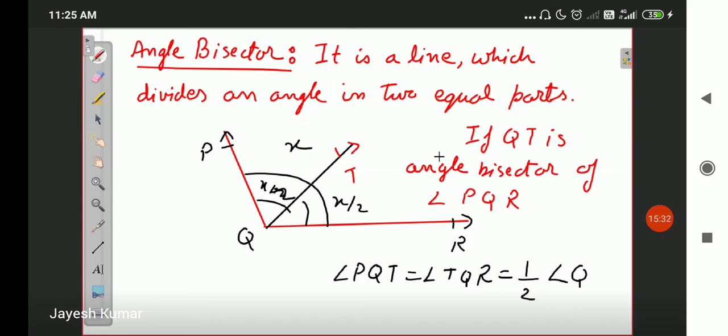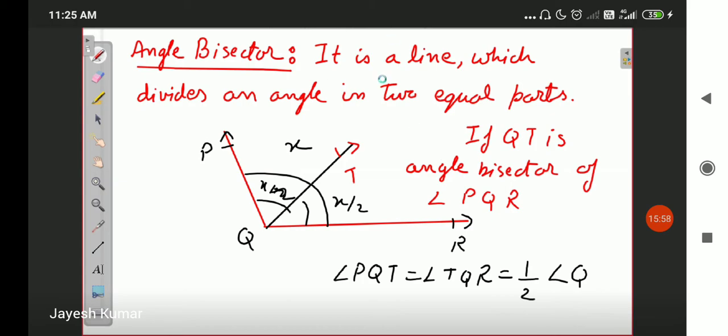Suppose you draw an angle bisector to a 50-degree angle, you get two angles of 25 degree, 25 degree. Suppose you draw an angle bisector of 90 degree, you get two angles of 45 degree and 45 degree. Suppose you draw an angle bisector to 120 degree, you get two smaller angles of 60 degree and 60 degree. That is how angle bisector works.